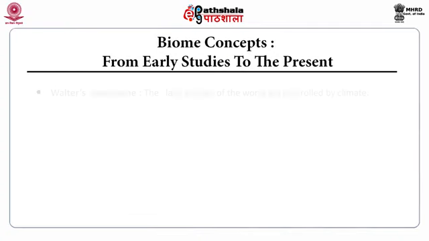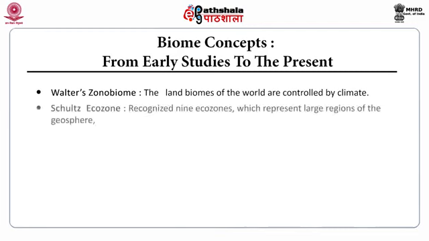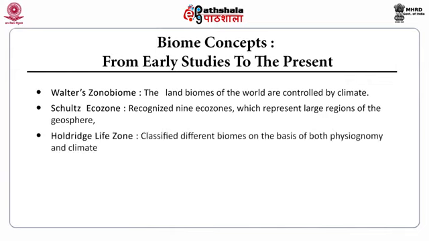From early studies to the present, there is Walter's zonobiome concept. The land biomes of the world are controlled by climate. The Schultz ecozone concept recognizes 9 ecozones which represent large regions of the geosphere. The Holdridge life zone classifies different biomes on the basis of both physiognomy and climate.